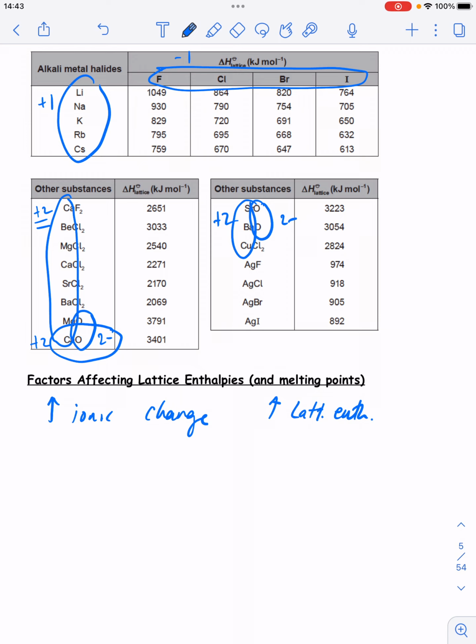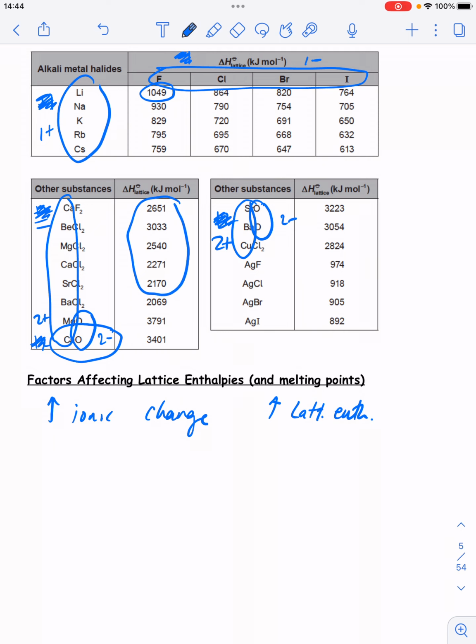Now I should probably be consistent when I write my charges. So if we want to write them all, let's write them all like this. Let's get out of oxidation state mode, and let's write them all with the number first, since now we're writing charges. Sorry about that. Okay, if I go back to my comparison, in this first table, there's only one of them that even reaches 1,000 kilojoules per mole. But if you look down at the bottom table, all of these ones with the +2 ions are all above 2,000.